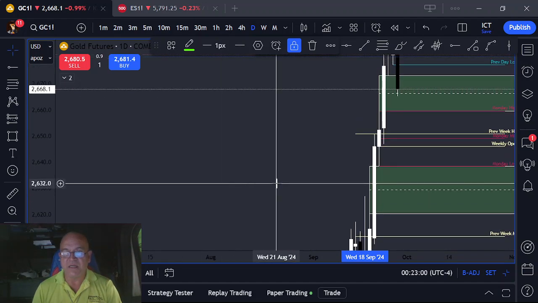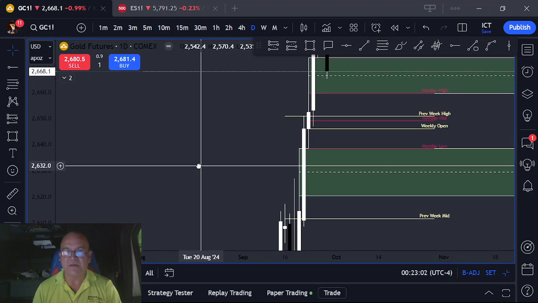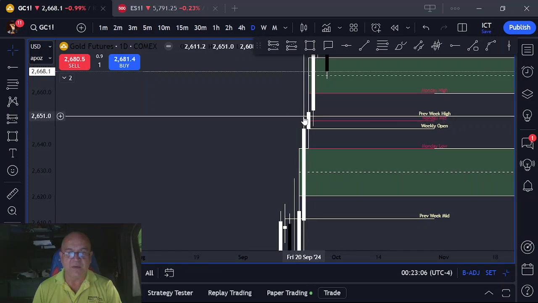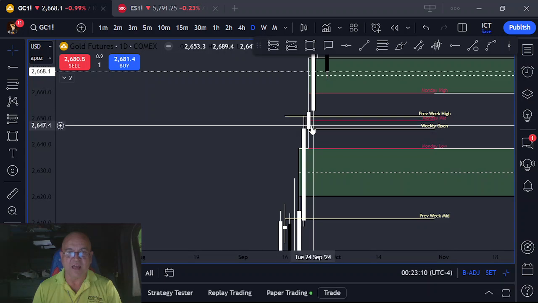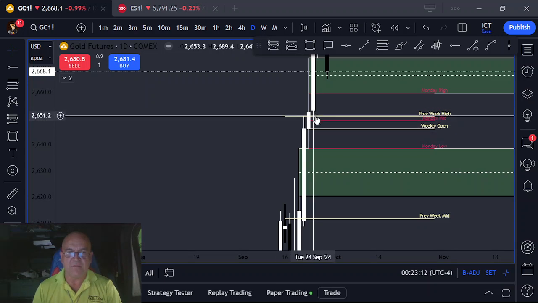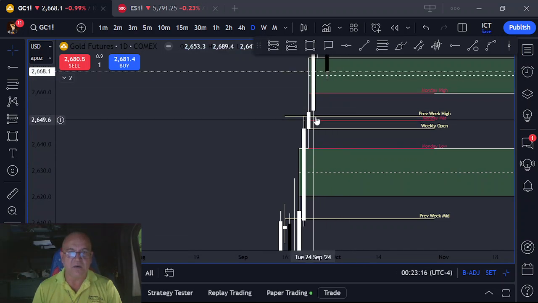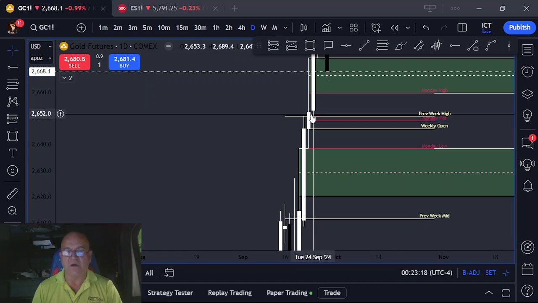What I do see, which is kind of interesting, is rebalance redistribution right here. And that is when the wicks on either side of a candle overlap each other. A lot of times you'll see them come and touch and they go back. When they overlap, this is what we call rebalance and redistribution.